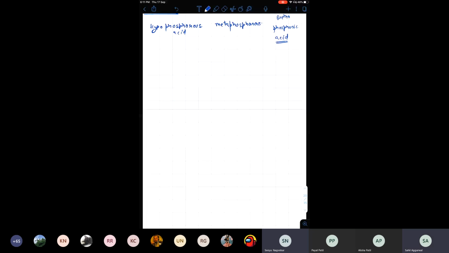If we have H4P2O7, H4P2O8, how to form this? So H3PO3 is orthophosphorus acid, right? It was metaphosphorus, no?